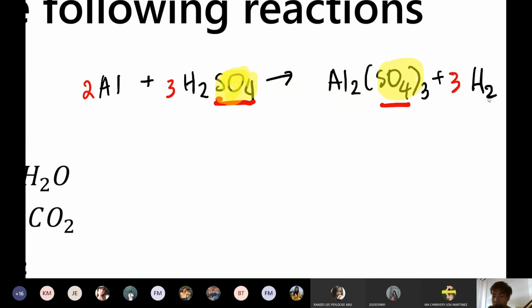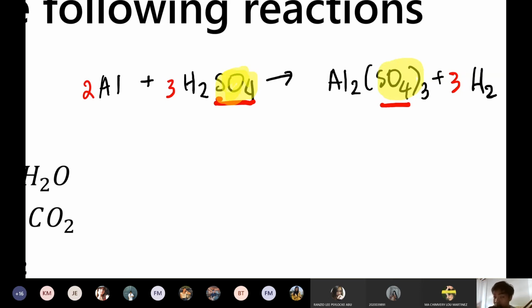So ganun ka-easy. Sana may nakukuha kayong ideas habang ginagawa ko siya. So ganun lang. You recognize if there are polyatomic ions. If the polyatomic ions are balanced, then you balance the remaining atoms. However, if your polyatomic ions are not balanced, especially in our example, tatlo to, isa lang dito, then you have to balance it first.